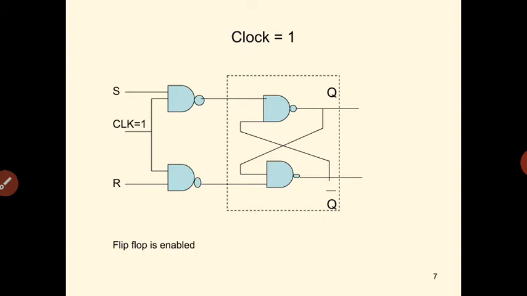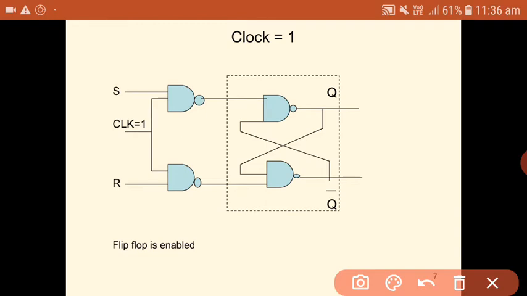Whenever clock is equal to 1, the flip-flop is enabled. What do you mean by enabling the flip-flop? That means responding to its different input combinations. So the output of the flip-flop will be produced depending upon the different input combinations of S and R whenever clock is equal to 1. You can also say clock acts like an enable pin for a flip-flop. Whenever clock is equal to 0, there is no change in the output.